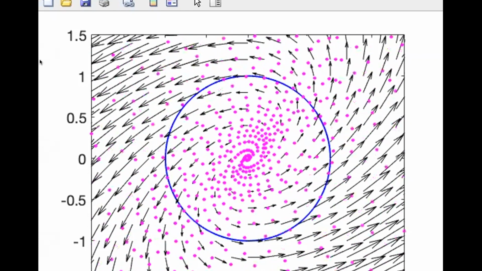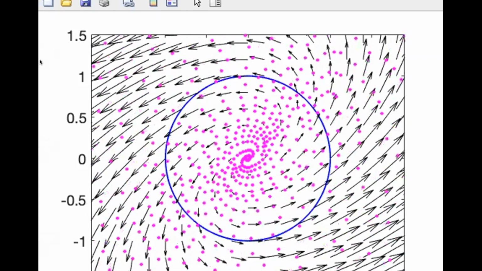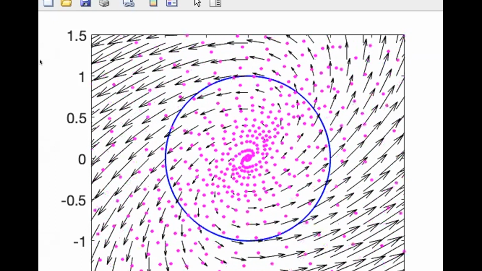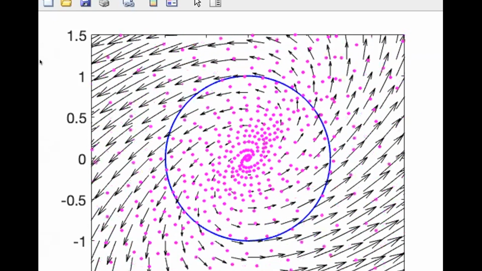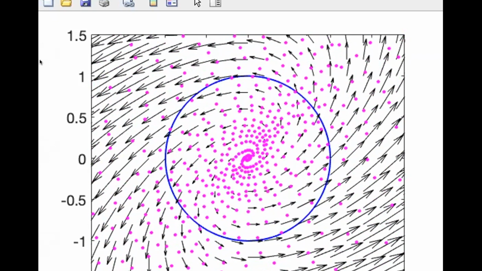All right. So you have a fluid particle here moving around the circle. So the circulation will give you a positive number. We good? Okay.